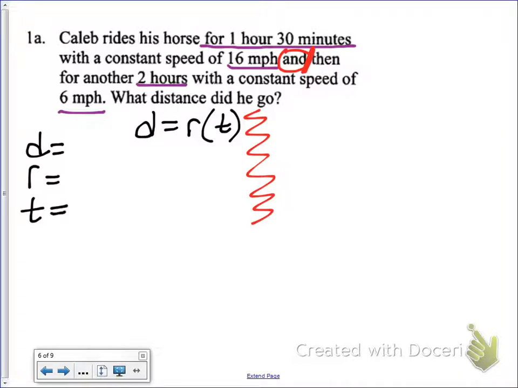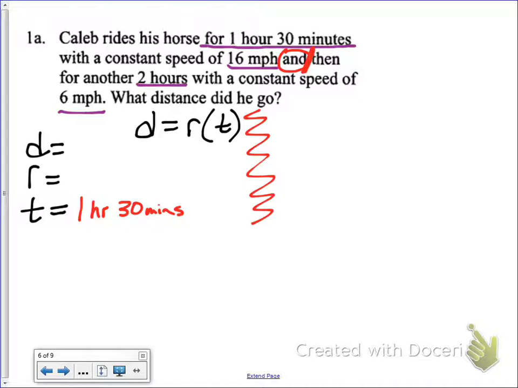So, the first part. He rides his horse for an hour and 30 minutes. That sounds like time to me. So 1 hour, 30 minutes. And if you watched one of my other videos, you realize that when we plug in this number, we can't have minutes. We need to keep it one consistent unit, and the way that we usually do it is by miles per hour. So we need to get rid of the minutes.